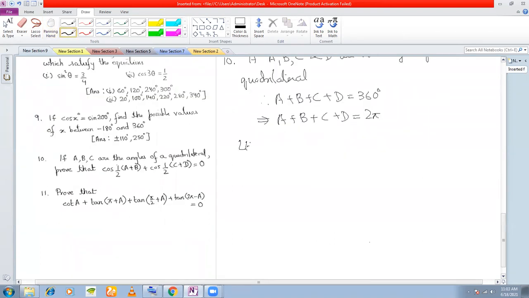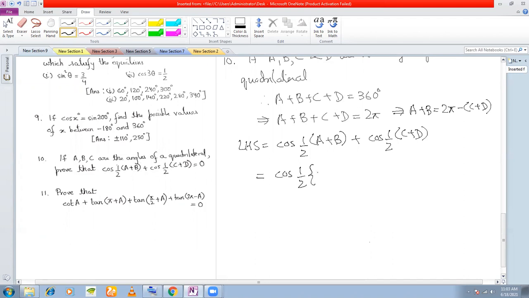Now we start with the left hand side. Cos half of A plus B, plus cos half of C plus D, which is equal to cos half of... Now if A plus B plus C plus D is 2 pi, that means A plus B will be equal to 2 pi minus C plus D, right?